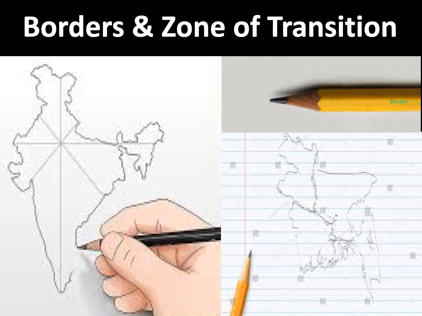But if the border is with the adjacent countries in the sea, it will be very difficult to draw the borders. So it makes it difficult to differentiate where the country is starting and where it's ending. So that will be an ill-defined lesion or a wide zone of transition. And if we are able to draw the borders very well, that is a narrow zone of transition and a well-defined lesion.